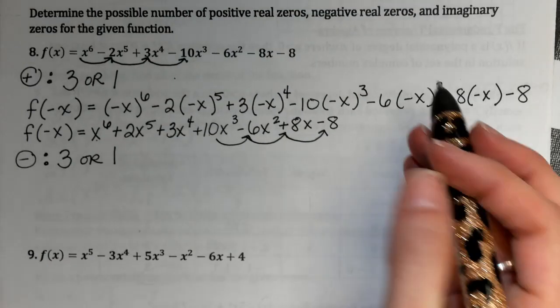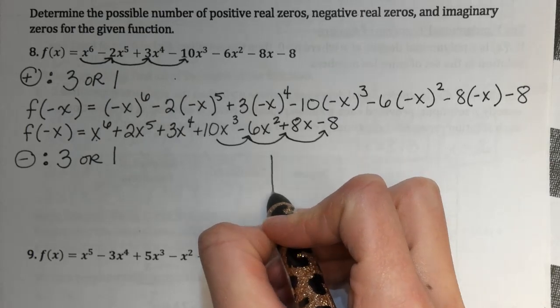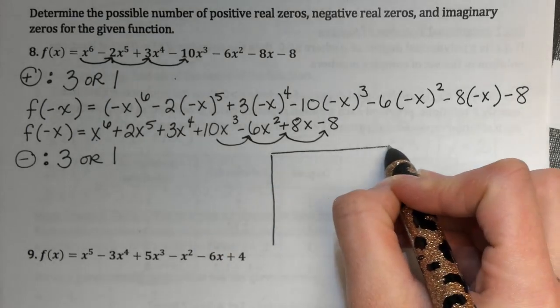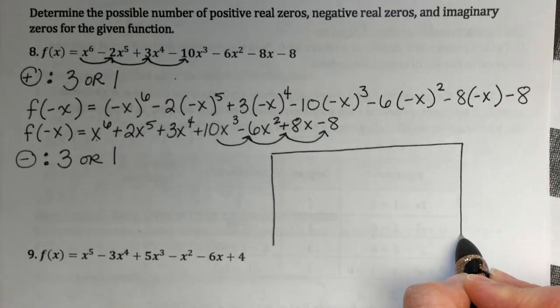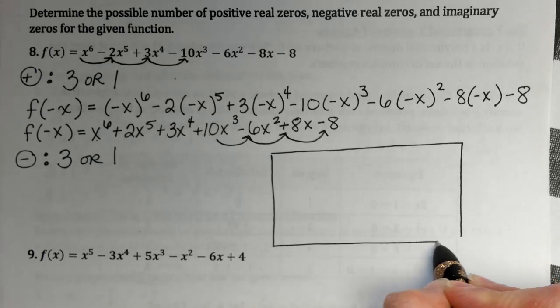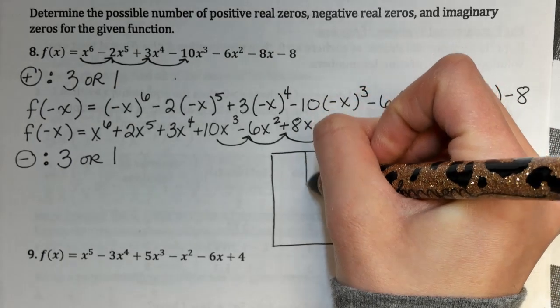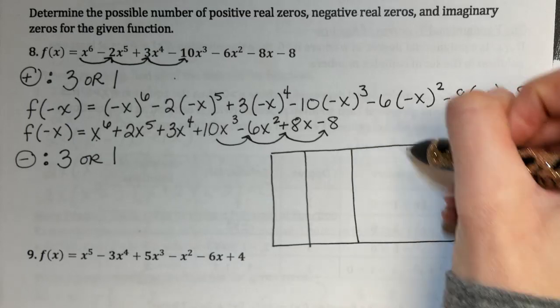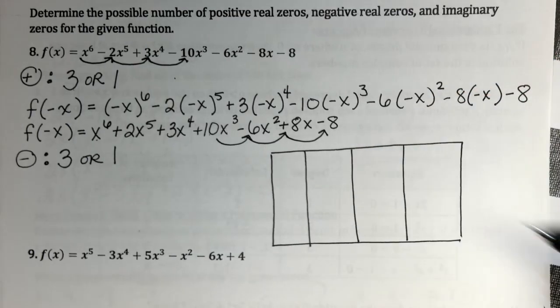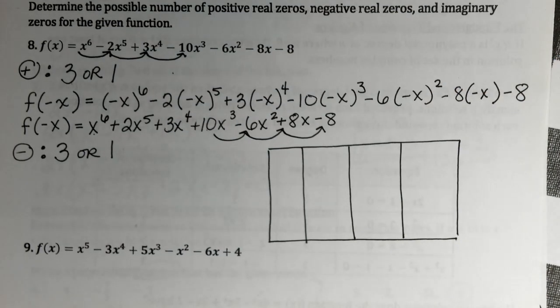It's really not hard. So what you're going to do is you're always going to have 4 columns. You're going to have positive, negative, imaginary, and total. Hopefully you do a better job at spacing yours out than I do.